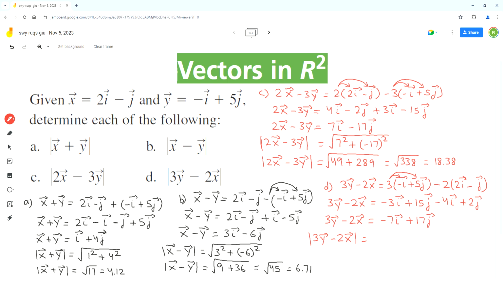So we'll square the coefficients of i and j and then add them and put the sum under the square root. So -7 squared is 49 and 17 squared is 289 and the sum of these numbers is 338.